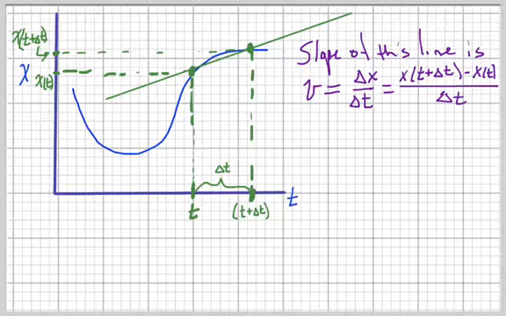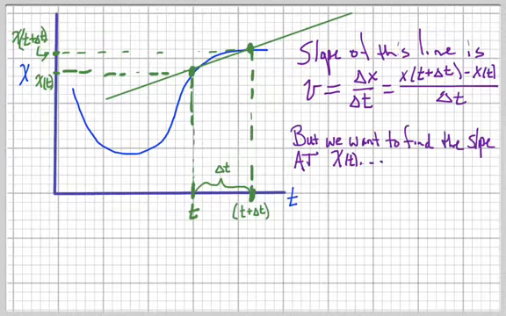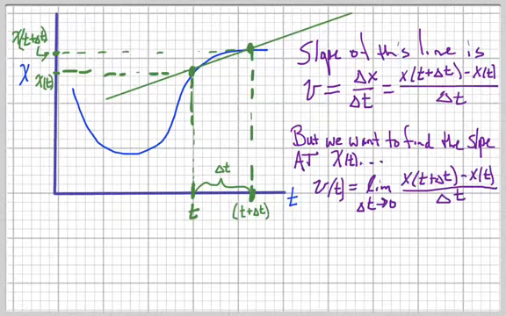We want to find the slope at x of t. And to do that, we have to shrink delta t to a minimum, to 0. And we do it like this. We use the limit operator.